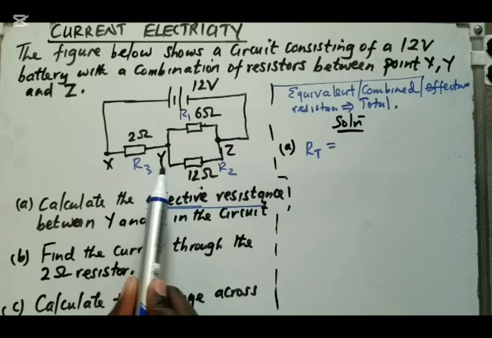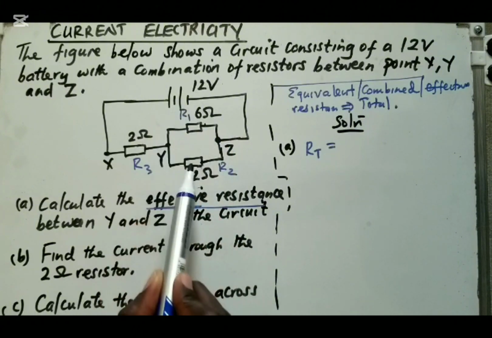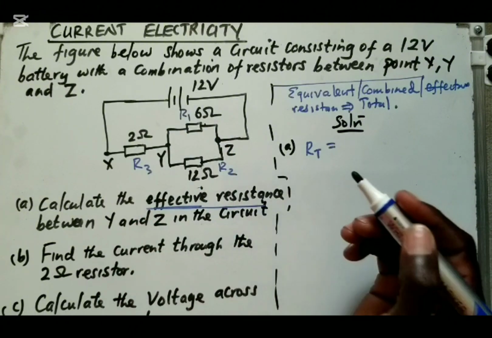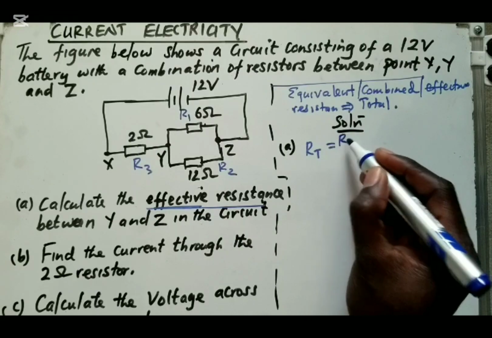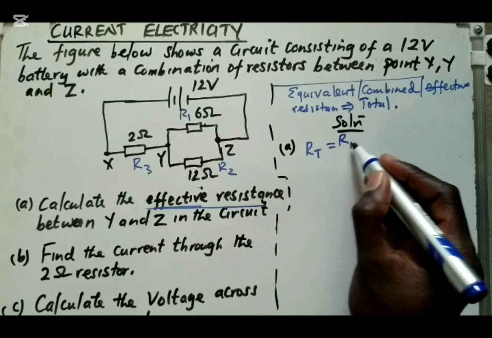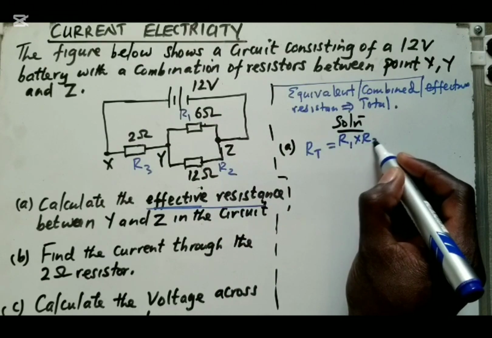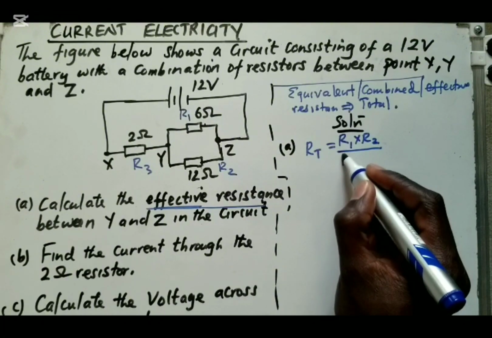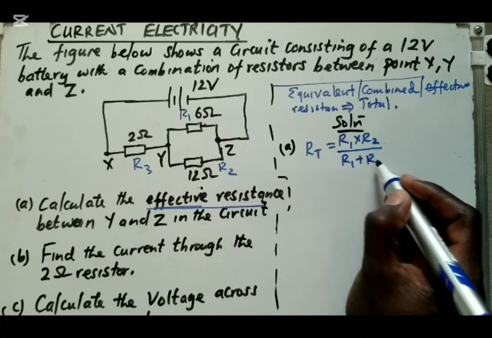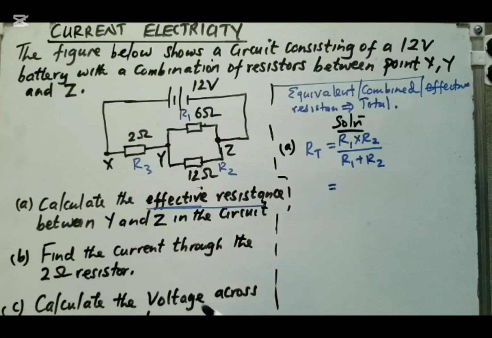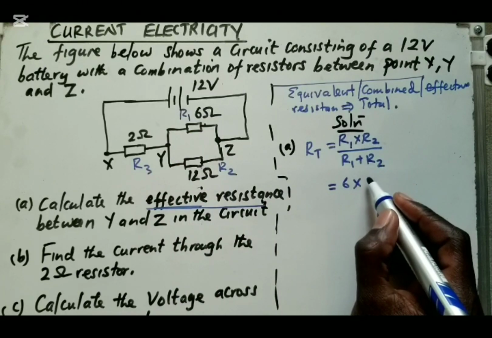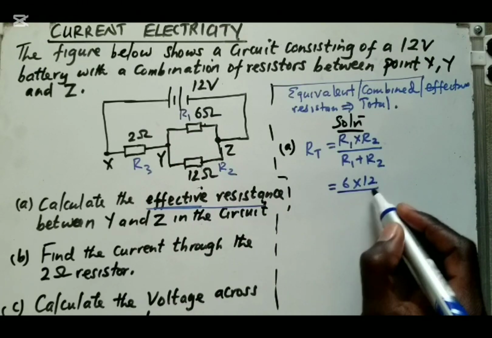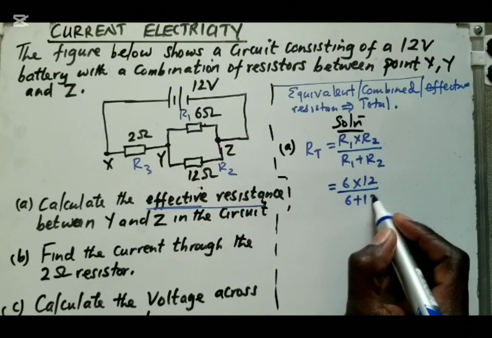Remember it's between Y and Z, so between these two parallel resistors, you can use the product over sum rule, which says you multiply the two resistors in parallel, R1 multiplied by R2, then divide by the sum of R1 plus R2. So R1 is 6 times R2, which is 12, divided by 6 plus 12.